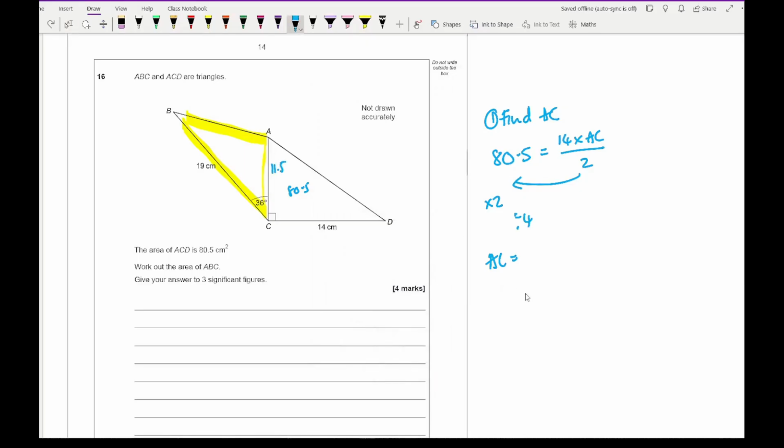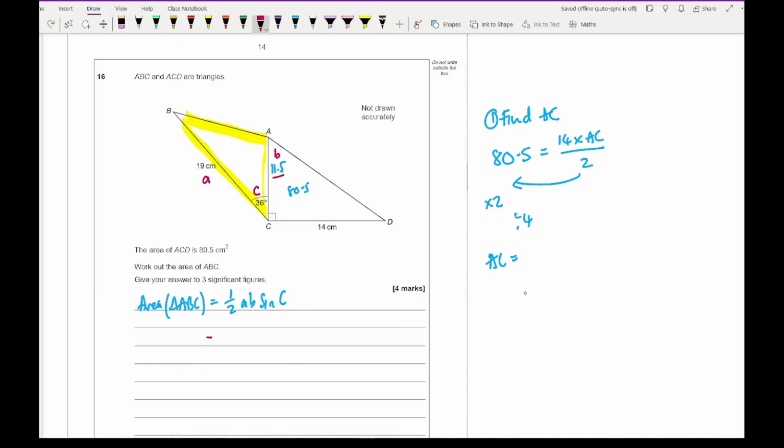Now to work out the area of the triangle ABC, I don't know the perpendicular height of that triangle, so I need to use the formula of a half ab sine C. Labeling this, I've got that 36 is going to be C, 19 is going to be a, and b is going to be 11.5.